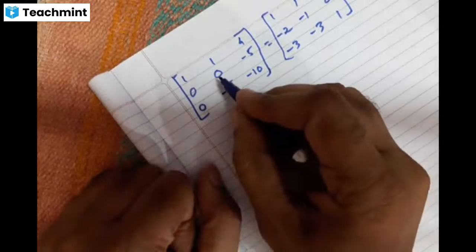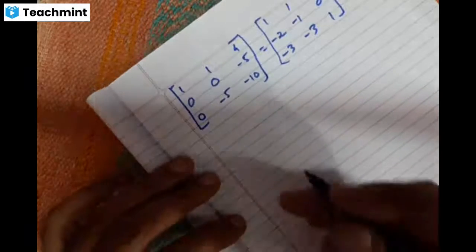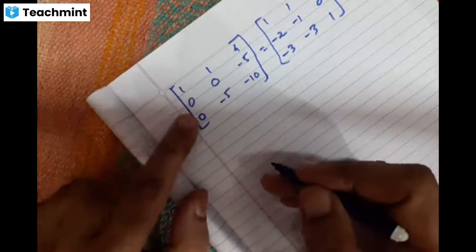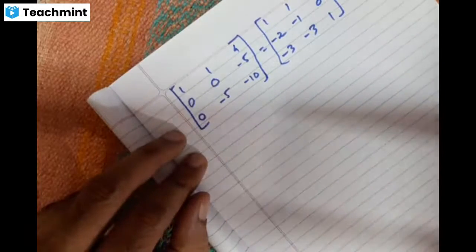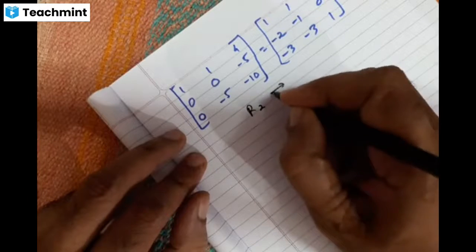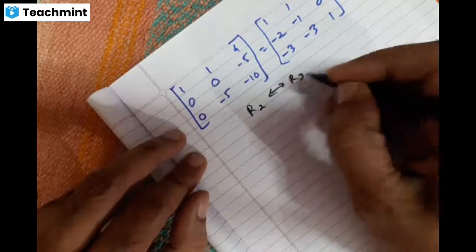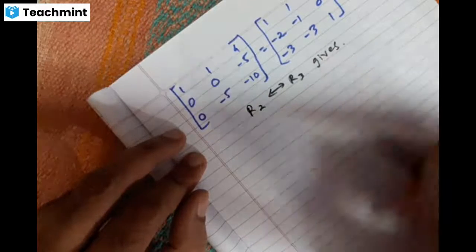I cannot get 1 here. यहाँ पे मुझे 1 लाना है तो मैं क्या करूंगा थोड़ा ध्यान से देखो. I will interchange the second and third row. Second and third row, how to write it symbolically? R2, R3 interchange.